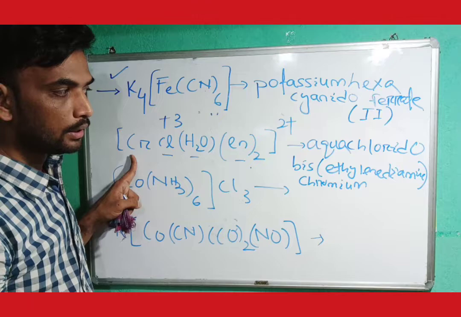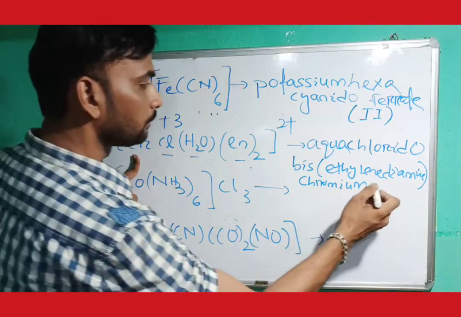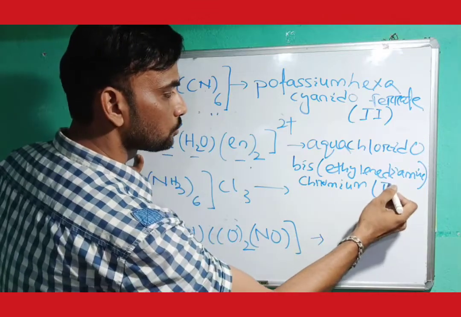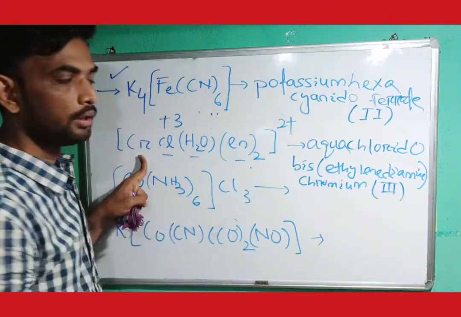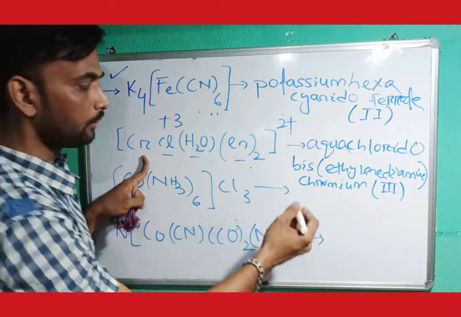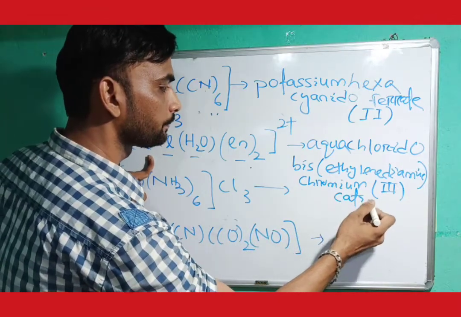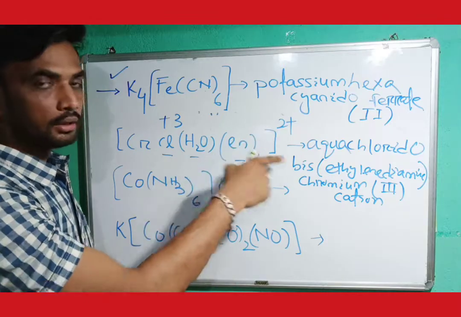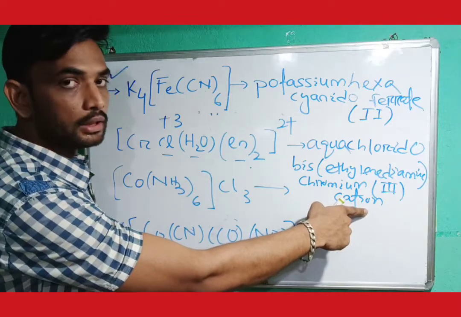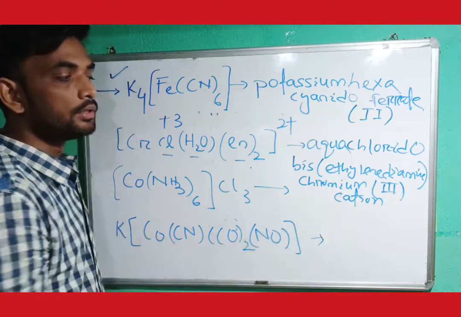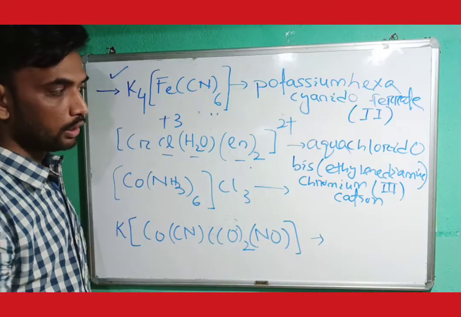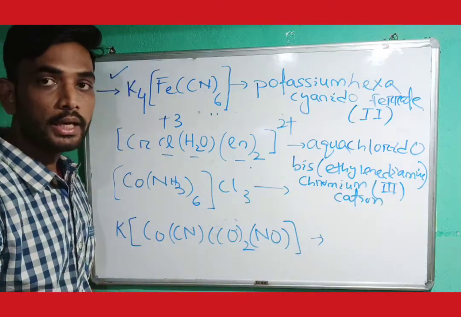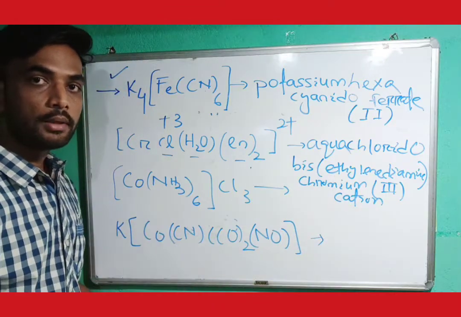Aqua chlorido bis ethylene diamine chromium, in the bracket the charge is plus 3, so it is written as triple I. Then after triple I, it is written as the cationic part. You can also write ion, or simply write cation. So the name is aqua chlorido bis ethylene diamine chromium triple I cation. This is the IUPAC name.